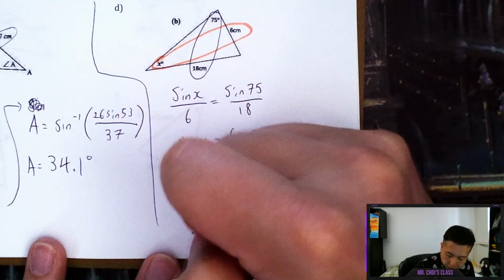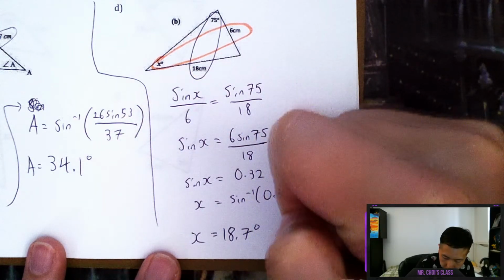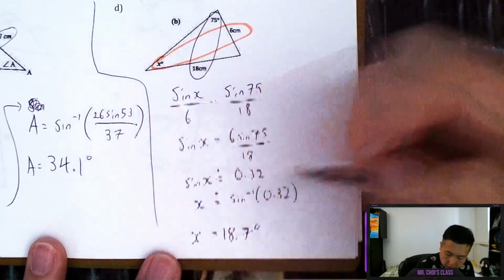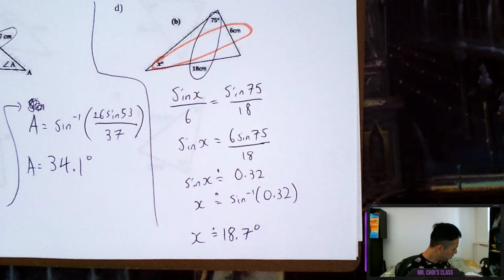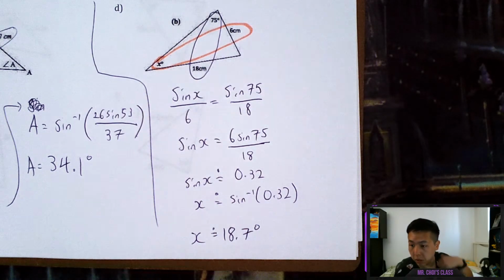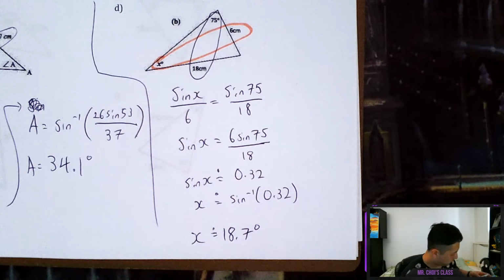So if you inverse that value, you approximately get 18.7 degrees. Now, if there's something wrong with how I solved it, please let me know, but I'm pretty sure that is correct and I didn't make any decimal mistakes. 18.7 degrees should be your answer. Okay? So hopefully that makes sense.